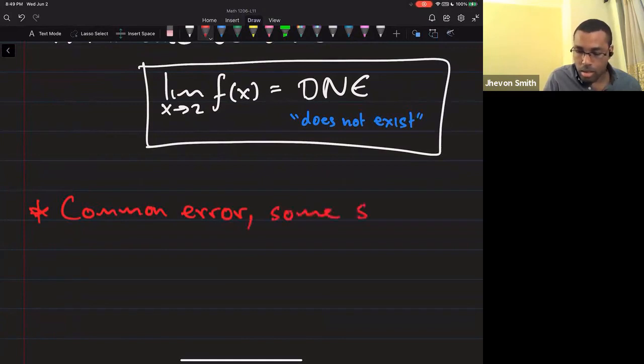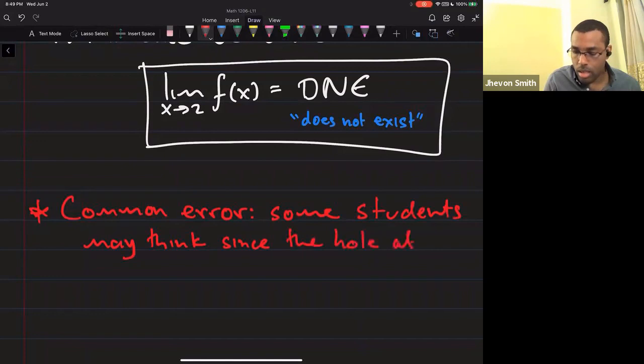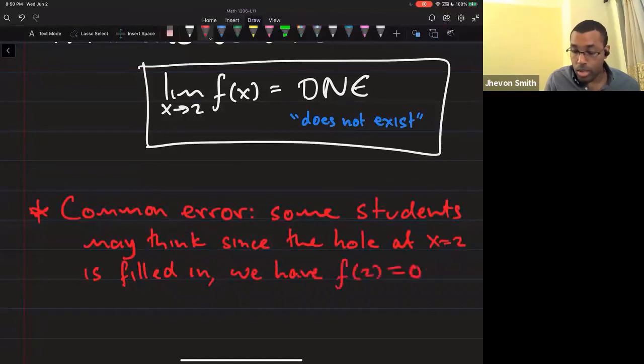Some students may think since the hole at 2 is filled in, we have f of 2 equals 0, so the answer should be 0.